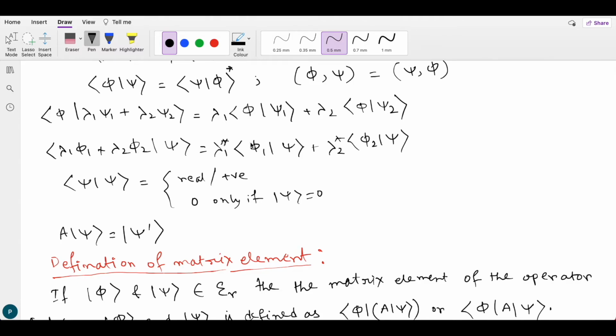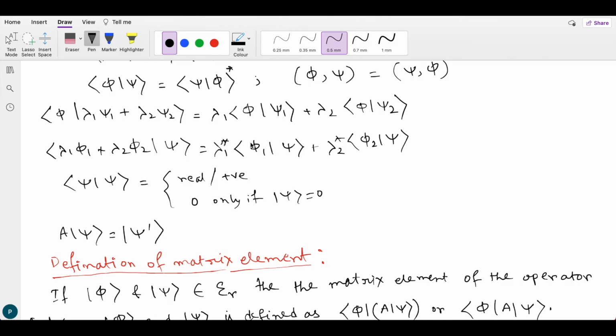And we know from the previous lectures that the scalar product of psi with itself is nothing but the square of the norm. And we know that a square is always positive, and as this represents the probability density, or the probability of the particle being at a position and at a time, this has to be real.